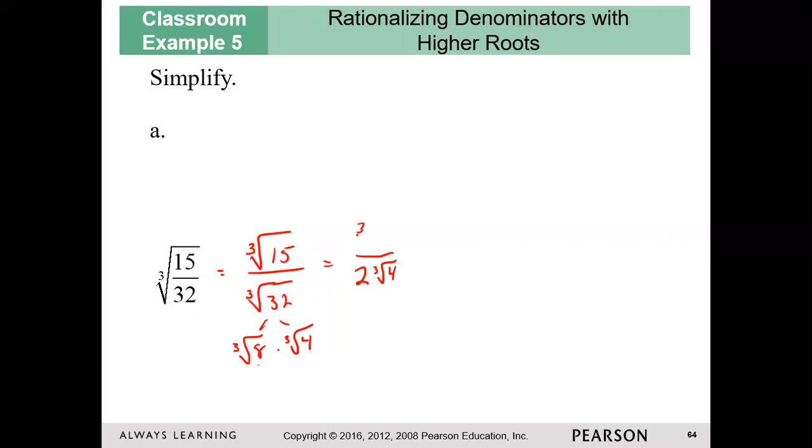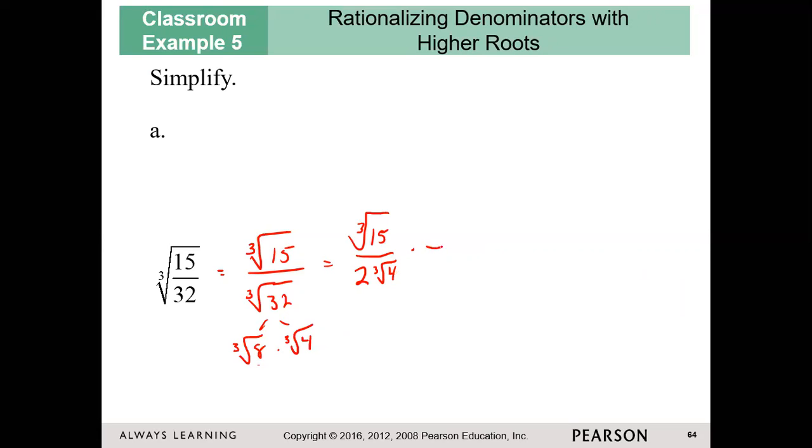And nothing has happened in the numerator yet. So nothing has happened up there. Now, if you multiply this by the form of 1 that you think you need to multiply, it is not going to work. If you multiply this by the cube root of 4, it will not cancel this out. You need to be able to find the value that's going to turn this into a perfect cube, not a perfect square.